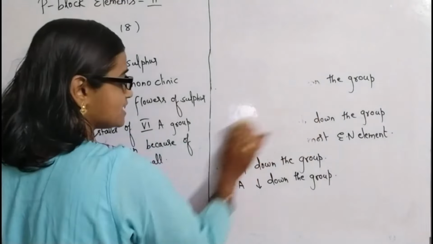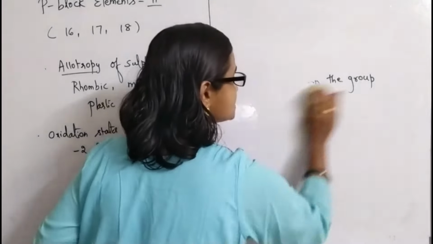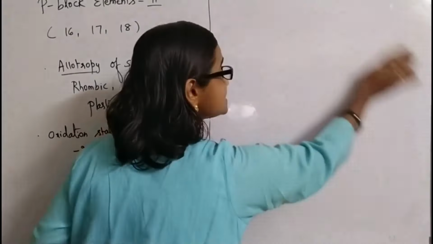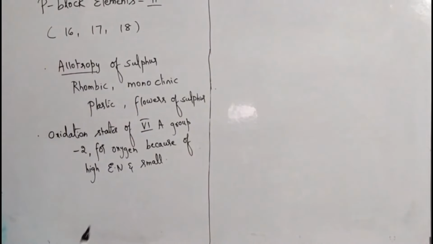They exhibit oxidation states of -2, +2, +4, and +6 also. The +6 oxidation state can be exhibited by most of the elements of 6th A group. So +2, +4 and +6 oxidation states.